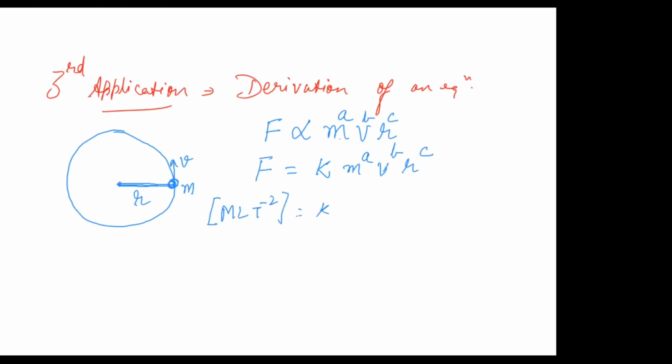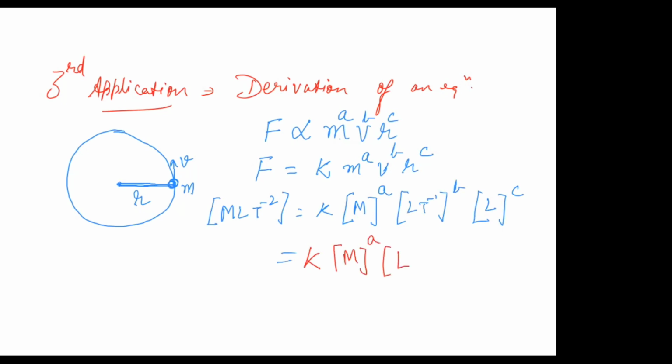What is the dimension for m? Of course, only m to the power of a, LT minus 1 to the power of b, and r, again length, to the power of c. Now we can see this can also be written as k. M is only one quantity here, but the L power will be b plus c, and then T to the minus b.